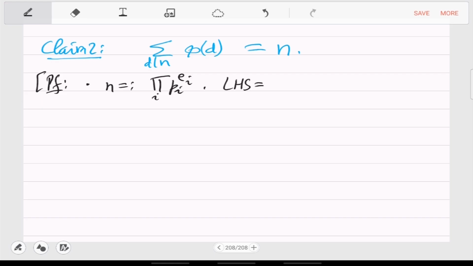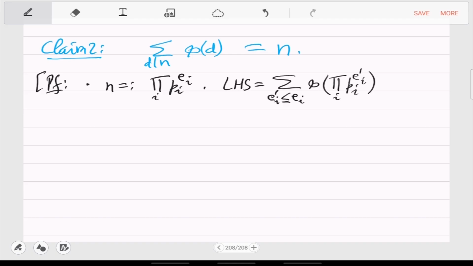then the left hand side is equal to sigma over divisors. So a divisor means that you will have possibly smaller e_i prime. Divisor just means that you are allowed to take anything between 0 to e_i in the exponent.